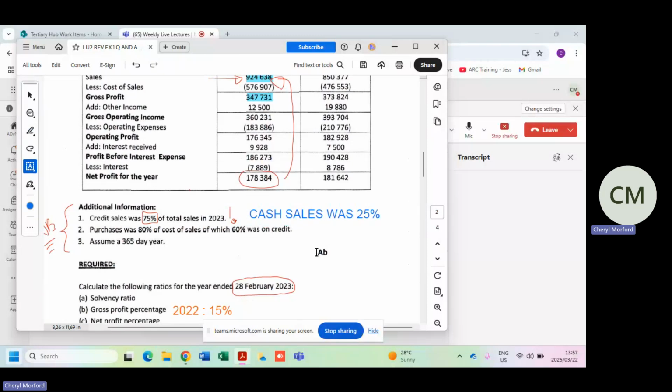We need for this ratio credit sales. So if it said cash sales 25%, you must remember to subtract that from 100% to get the credit sales of 75. But if they tell you the credit sales percentage, then you use that.